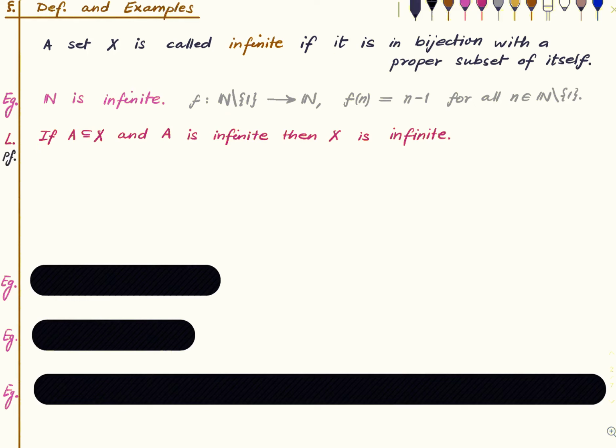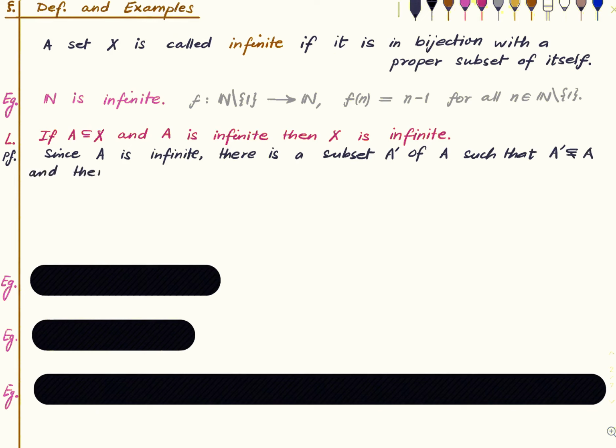And it's very simple. Since A is infinite, there is a proper subset A prime of A such that A prime is strictly contained in A and there is a bijection between A prime and A. So perhaps a picture would help.